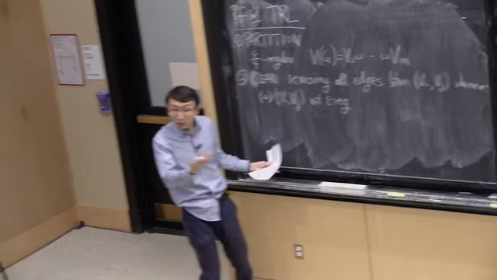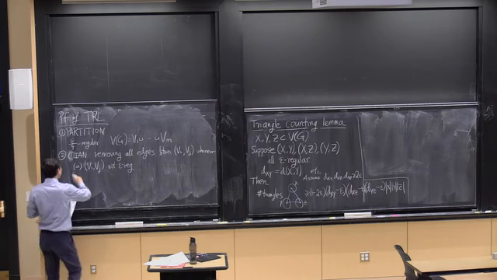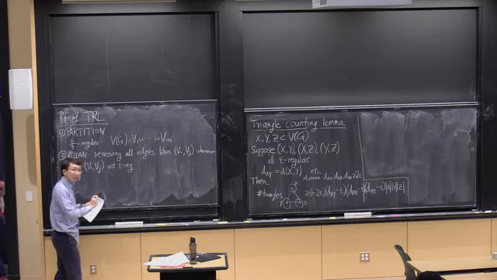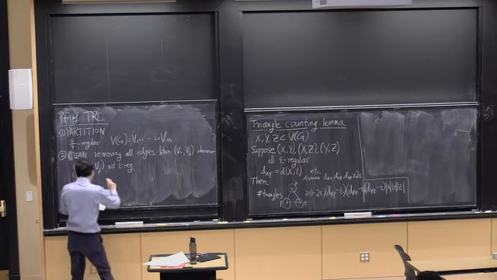So get rid of the edges between irregular parts. Sorry? Epsilon over 4 regular. Thank you.